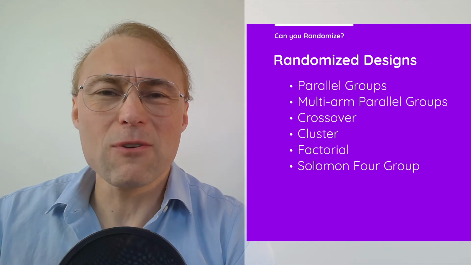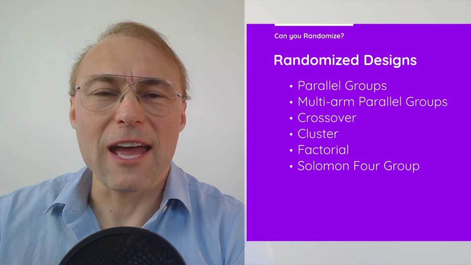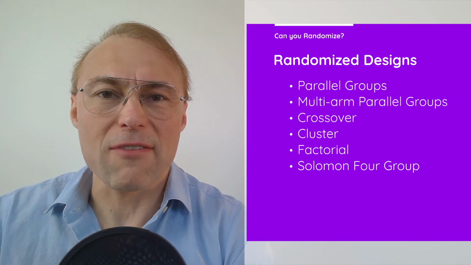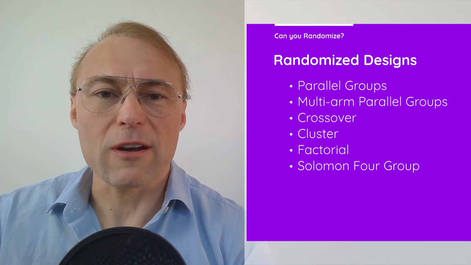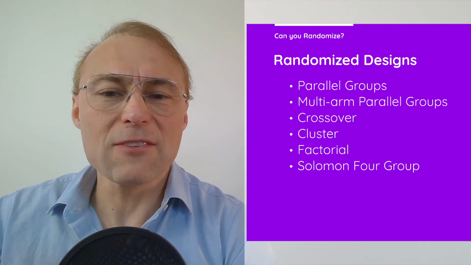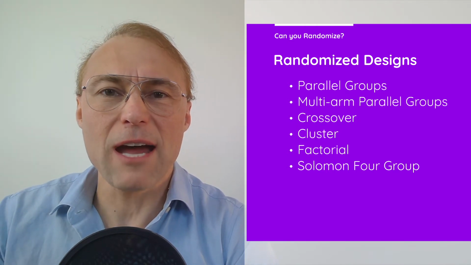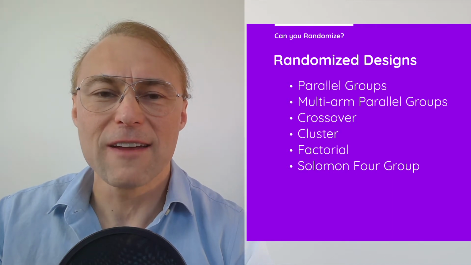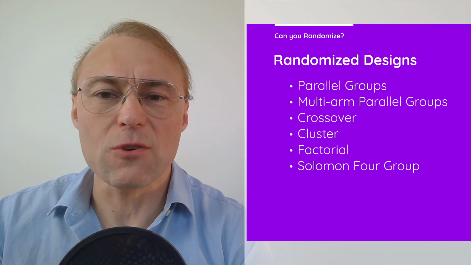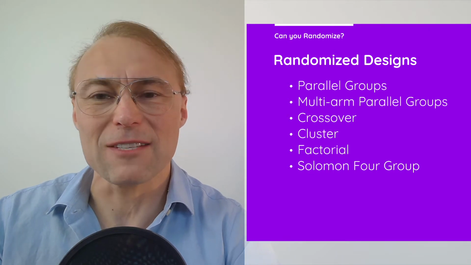And again, if you can randomize your participants, then I encourage you to take this path. Check out our YouTube video on the Solomon 4 group if you want to know how that works. So the answer to that first question, can you randomize? If you can, then you should choose a randomized design. If you can't, then we're going to choose a quasi-experimental design, and then this video is for you.